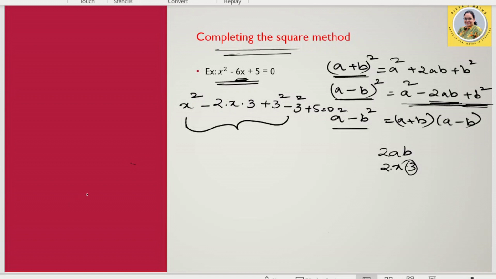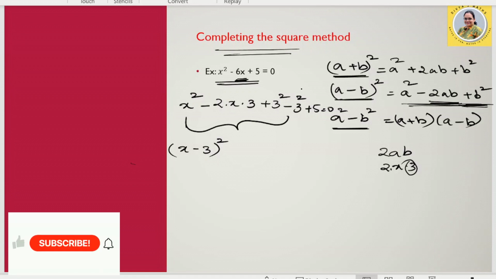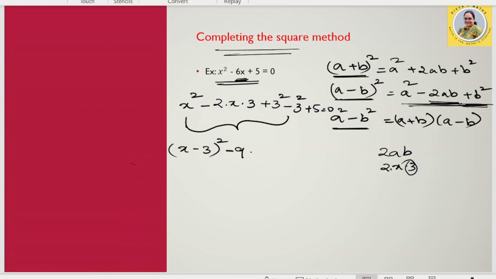Now this is in the form of x minus 3 whole square, that is x square minus 2 into a into b plus b square, that is 3 square. And we are left with minus 3 square, which is 9, plus 5 is equal to 0.